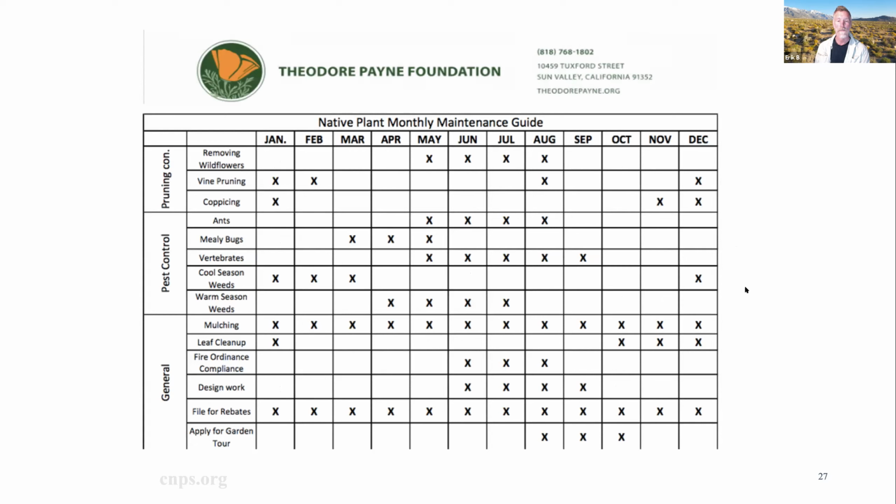Pest control, you'll be keeping an eye on all that. Fire ordinance compliance is a really good one. Everybody gets those messages. I'm in Eagle Rock, and we all get a notice. You've got to be in compliance, all that kind of stuff.